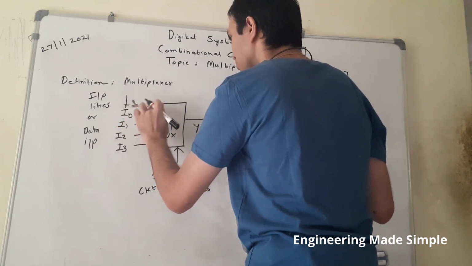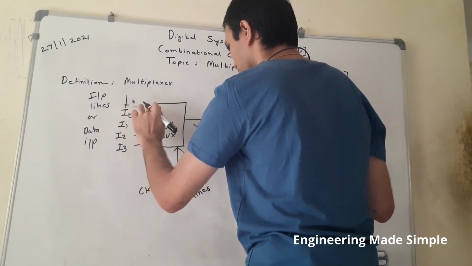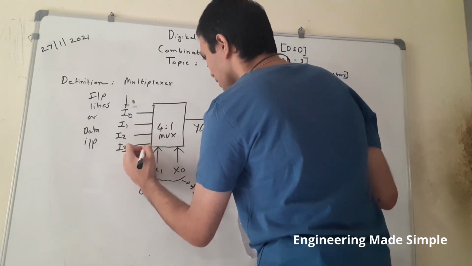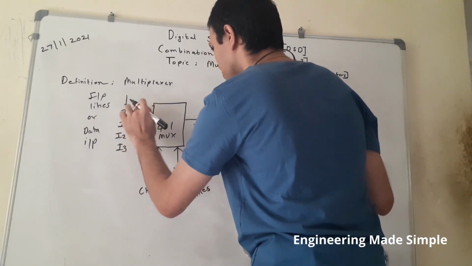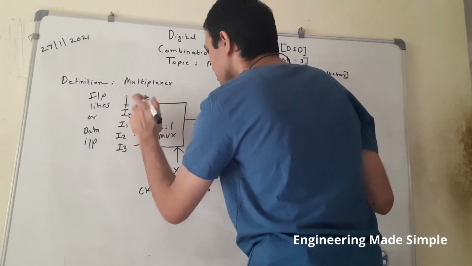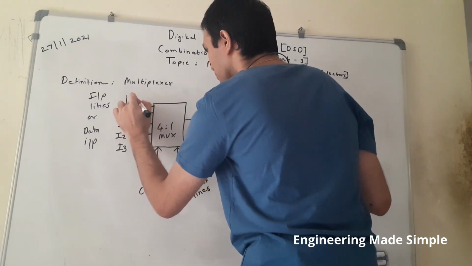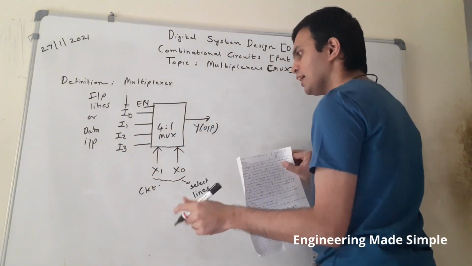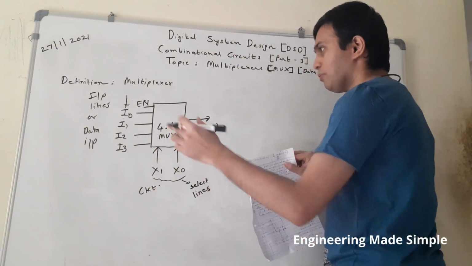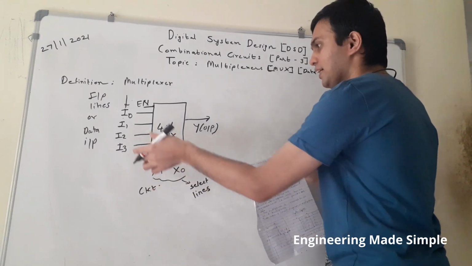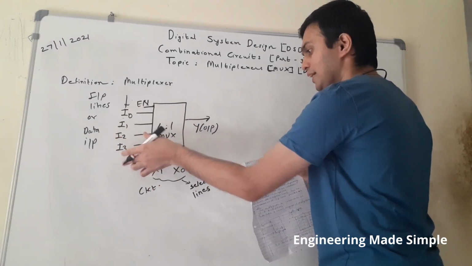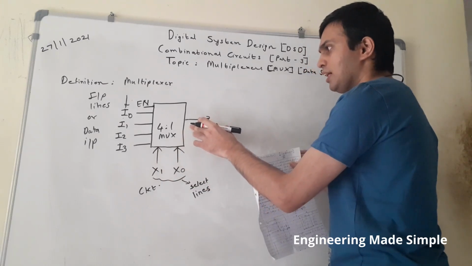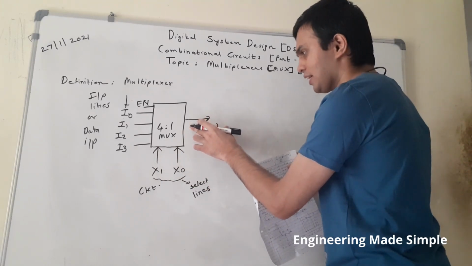I will draw it here only, so one enable input. I have written EN. So my multiplexer is simply a circuit consisting of more than one input line, some selection lines and some output. Now let us understand how this circuit works.